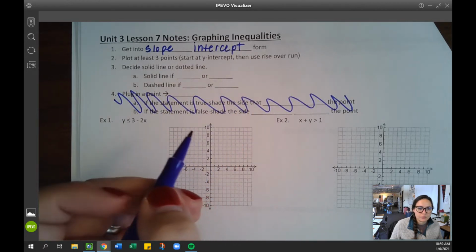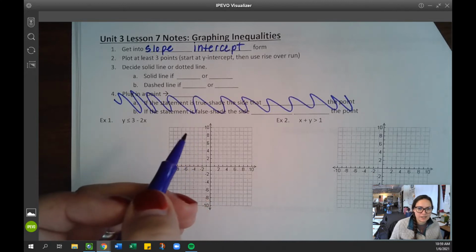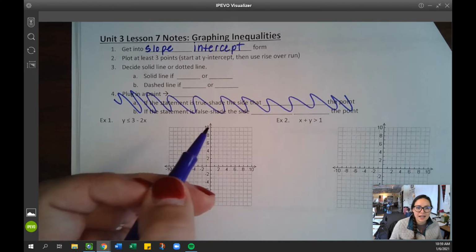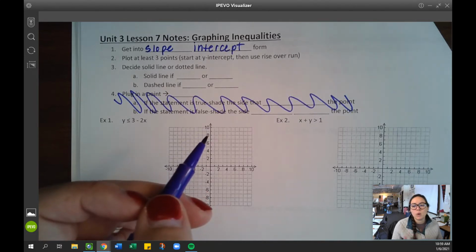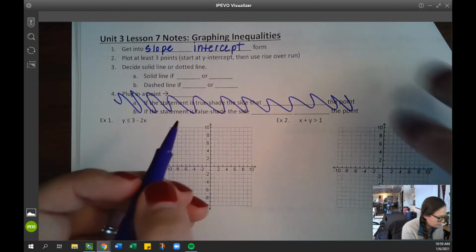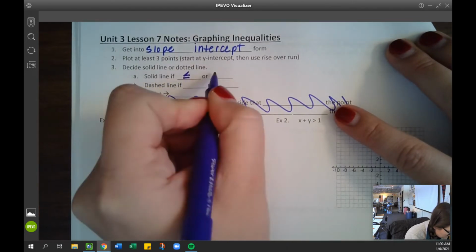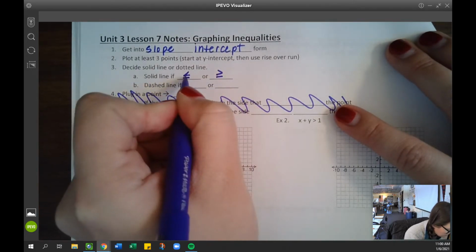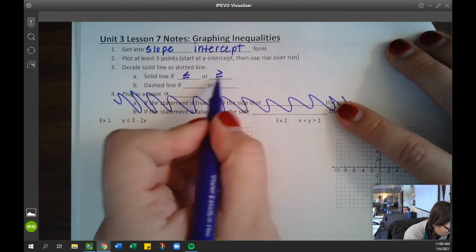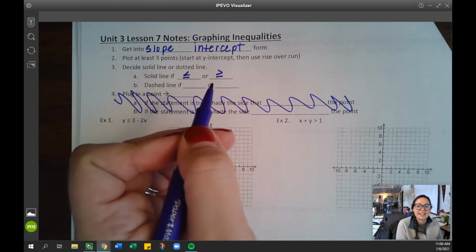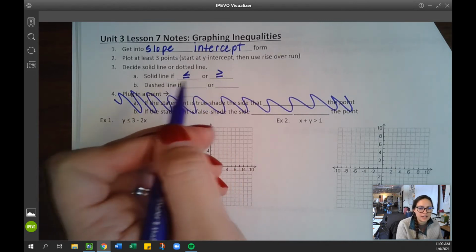Now, with inequalities, we either will have a solid line or a dashed line, depending on what symbol is used. So we use a solid line if we have the less than or equal to or greater than or equal to symbols, because that means we include the line.